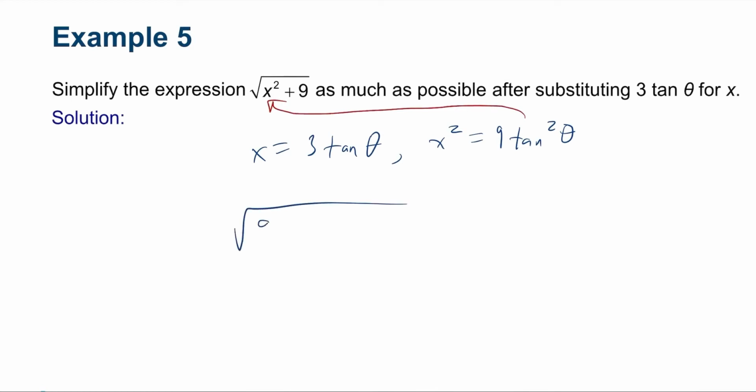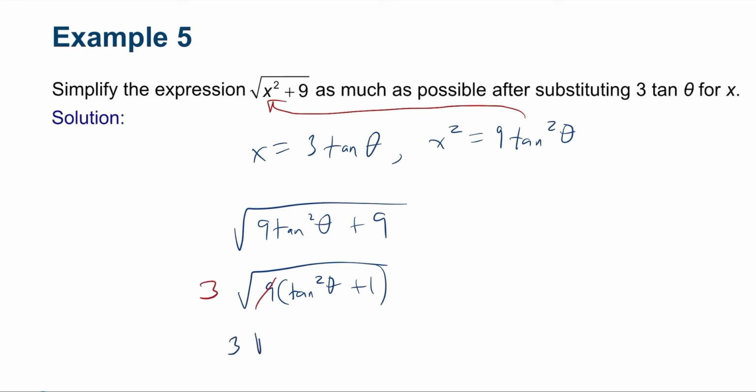So that's going to be 9 tangent squared theta plus 9. And as you can see, there's a common factor of 9, which we can factor out. So if we factor that out, you'll have tangent squared theta plus 1. And then the square root of that, the 9 comes out as a 3.